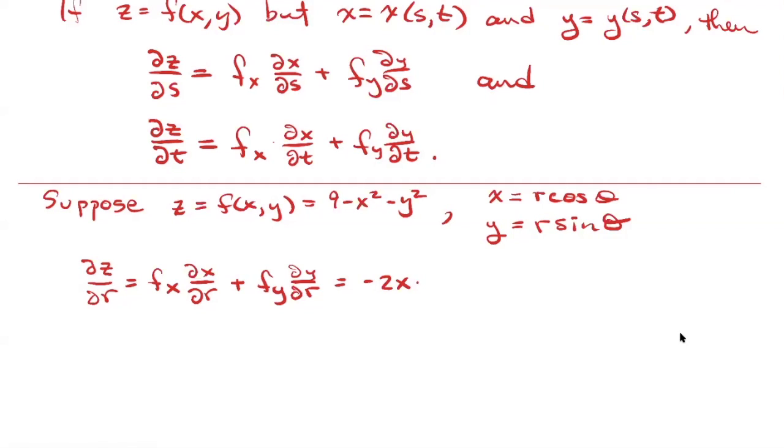The partial of x with respect to r should just be cos theta, right? And then plus the partial of f with respect to y, which will be negative 2y times the partial of y with respect to r, which would be sine theta. If you want to simplify this, you would say negative 2, and then x is our cos theta.